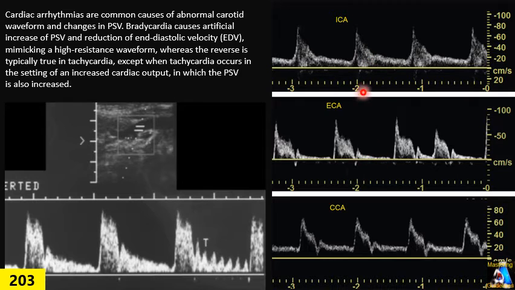One of the main reasons is that the size of those vessels is smaller compared to the CCA, and since we don't change the sample volume, we expect to see some spectral broadening because the sample picks up different velocities close to the walls too. So we have non-uniform velocity compared to the CCA, where we put the sample at the center, and they are very close to each other.